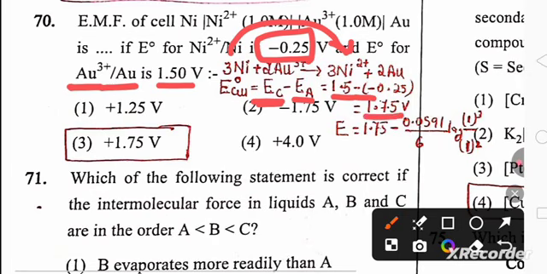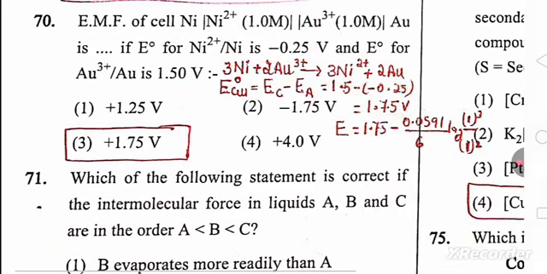So let us go to the Nernst formula. Electrode potential of the cell is equal to standard electrode potential 1.75 minus 0.0591 divided by n. n is the number of electrons, that is 6, log of concentration of the product, Ni2+, its concentration is 1 raised to power 3, and the reactant is gold Au3+, its concentration is 1 to the power of 2.